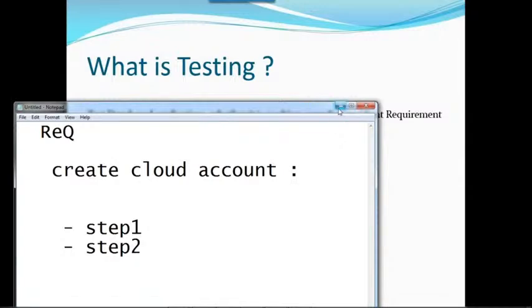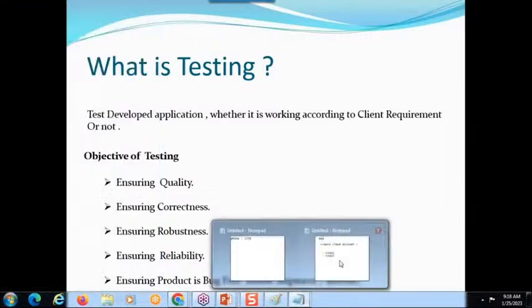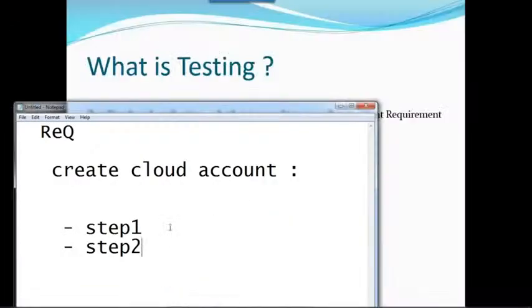As a testing team, we always follow the requirements. How can you say it is working as expected? Whatever is given in the requirements and what you are getting in the output, if both are the same, you can say it is working as expected. Actual result is equal to expected result.